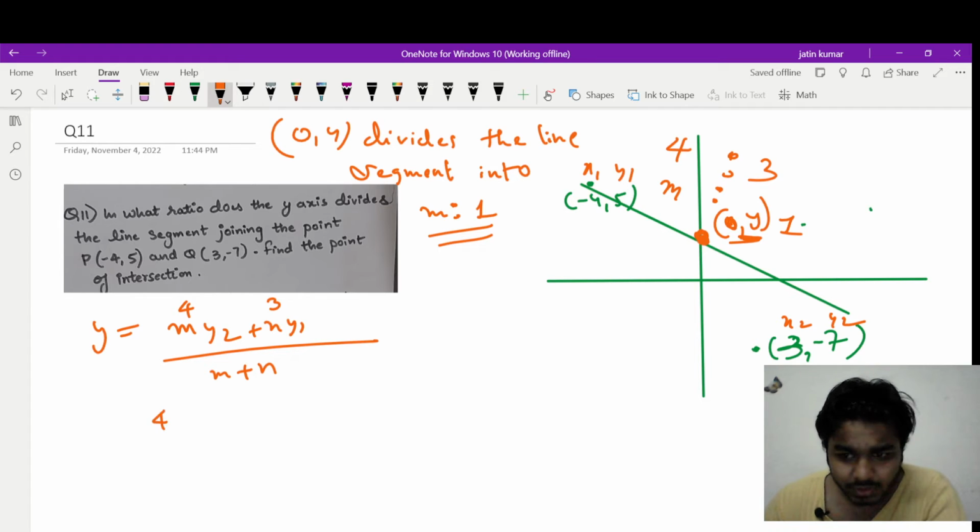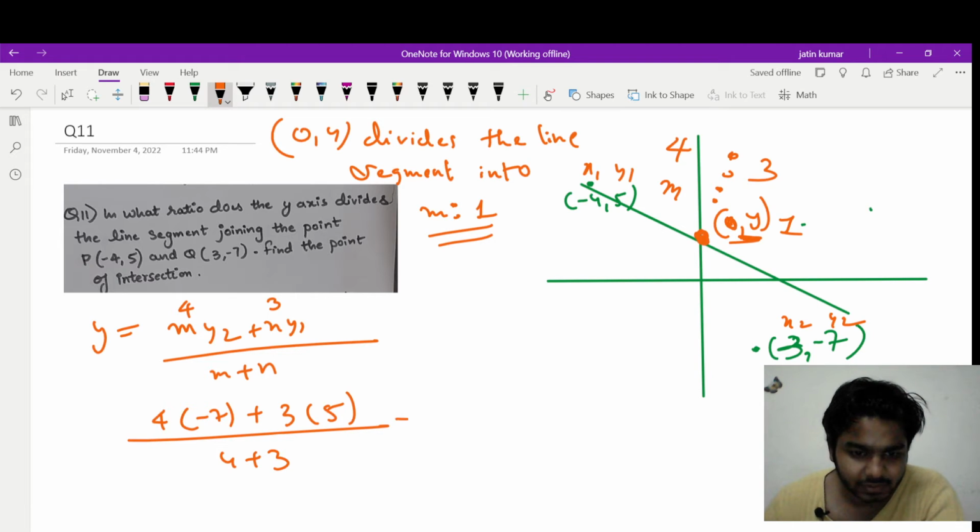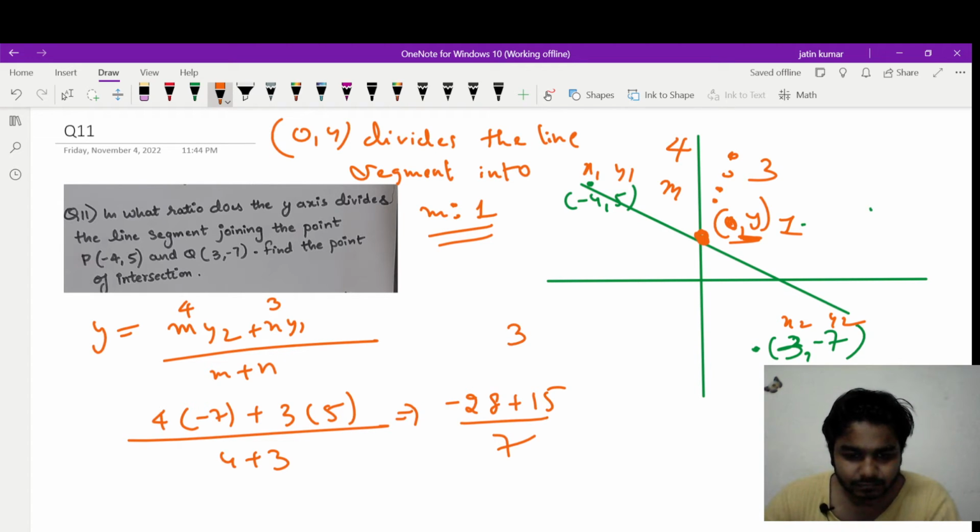So 4 times y2, which is -7, plus 3 times y1, which is 5, upon 4 + 3, so it will be (-28 + 15) upon 7. One second, how can the answer come in minus? Let me recheck it. Why is it coming minus?